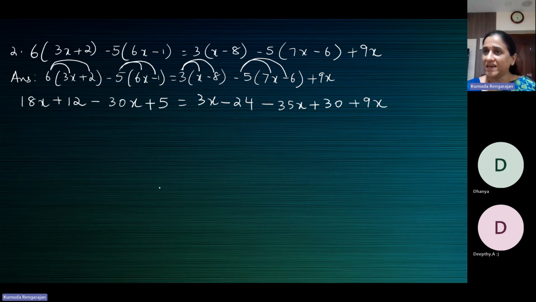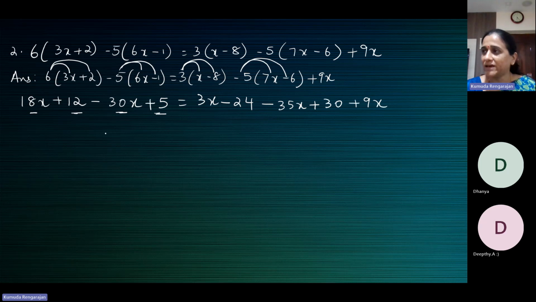We need to simplify the x terms and the constants on the LHS, and the x terms and the constants on the RHS. Okay, look at the LHS. We have 4 terms, of which we have 2 x terms and 2 constants. So we'll simplify the like terms. We'll simplify the x terms and then the constants. 18x, now it is addition or subtraction. Now we are not multiplying.